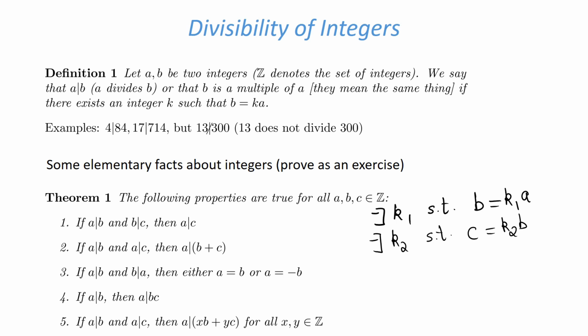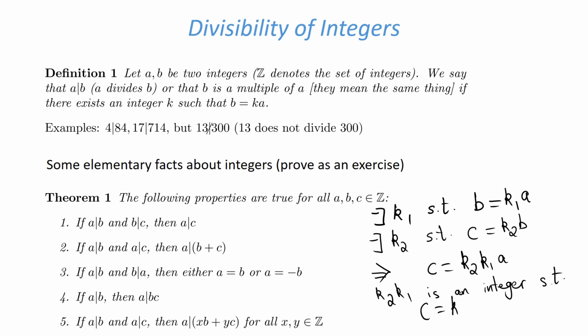Now, from these two statements, it means that c is equal to k2 times k1 times a. But that just means that k2 k1 is an integer such that c is equal to k2 k1 times a. And that just means that a divides c, proving the first statement. I leave it as an exercise for you to verify the remaining statements that have been listed here.